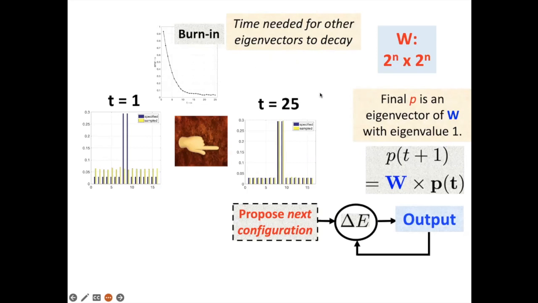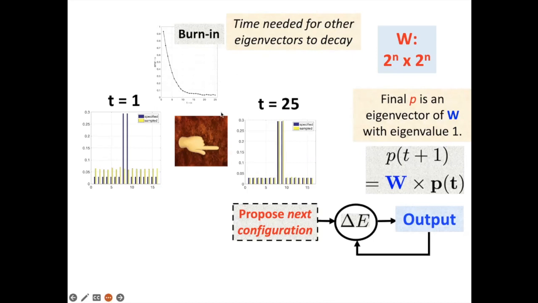And how long does it take? Well, it depends on how close the eigenvalue is to 1. Because if the eigenvalue was, say, 0.5, then every step it would go down by a factor of 0.5 and it would quickly disappear. But if the eigenvalue was, say, 0.9999, then every time it would go down by 0.9999 and it would take a while to go down. So burn-in depends really on those eigenvalues.